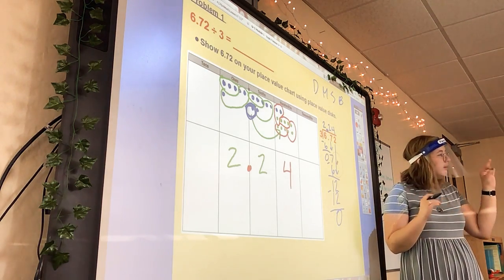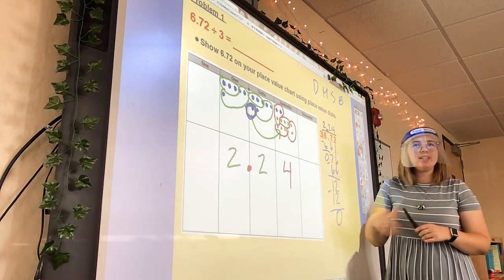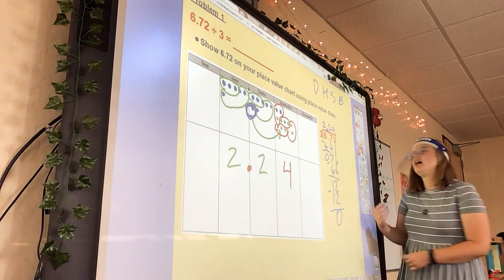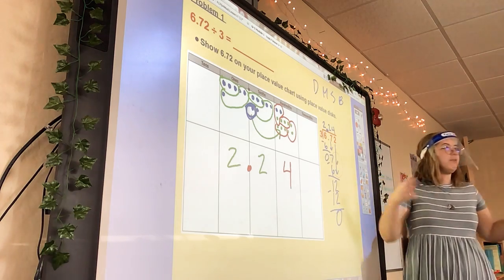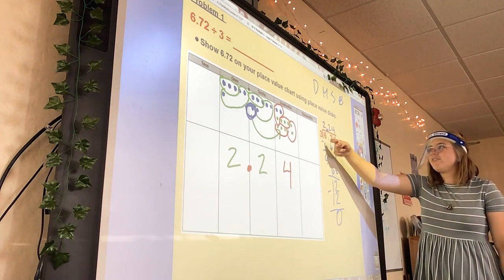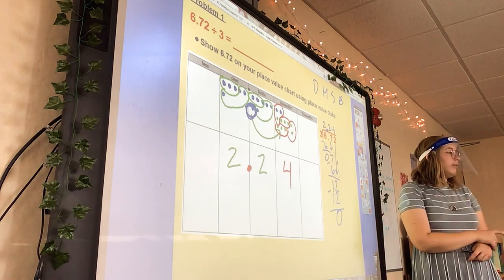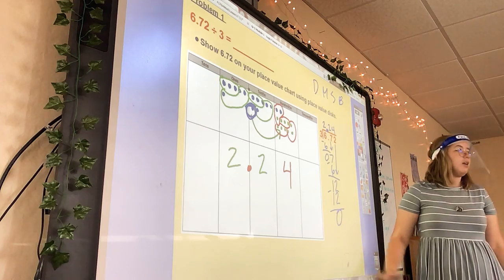Do you remember that? Remember we were estimating, oh, it would make sense for 3 times 4 to be 12. Yeah? Okay. So it would make sense if we were to divide the whole numbers instead of multiply the whole numbers. 6 divided by 3 is 2, so our whole number should be around 2, right? So then we know that the decimal can go right there. Okay, any questions on what I just did?